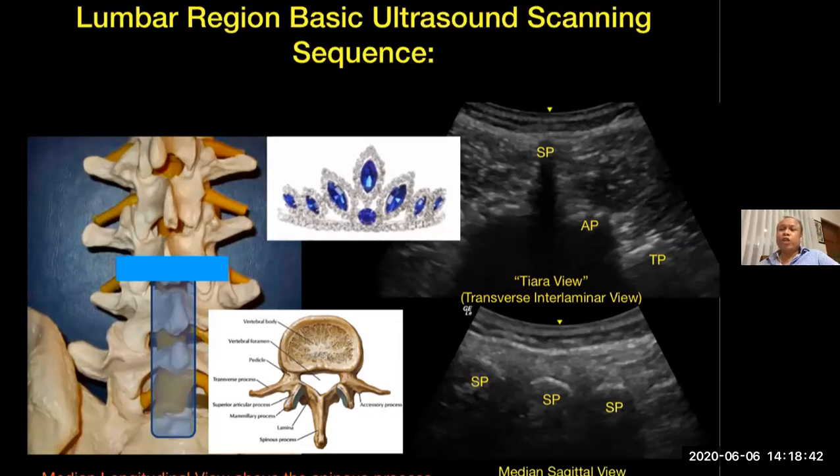For instance, you are focusing your probe on the articular process. The moment you focus on that area, then you might not see the spinous process at all. There is anisotropy that you will see in the spinous process as well as in the transverse process. So this only means that the spine is not really symmetrical in the sense of how we understand symmetry.